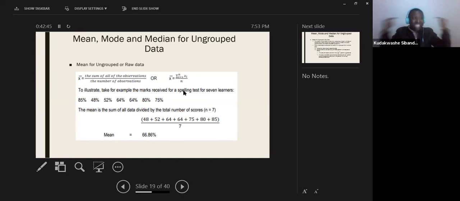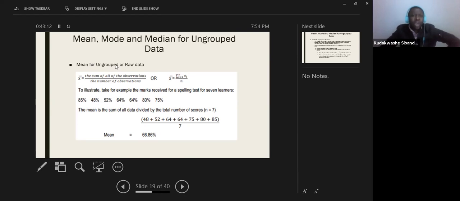If you can't tell whether the data you have been given is grouped or ungrouped, it means that you have failed already. You must be able to identify the type of data that your lecturer will give you. Did they give you raw data? Did they give you grouped data? If they've given you grouped data, use formulas for grouped data. If they've given you ungrouped data, then use the formulas for ungrouped data, right? So this is the mean now.